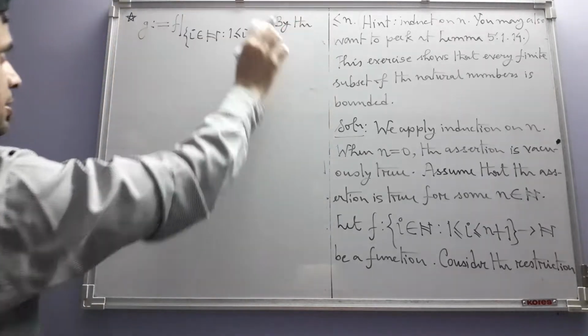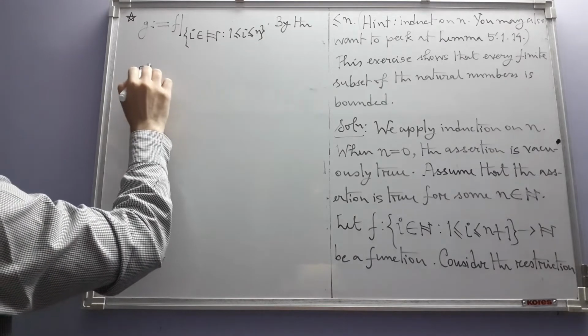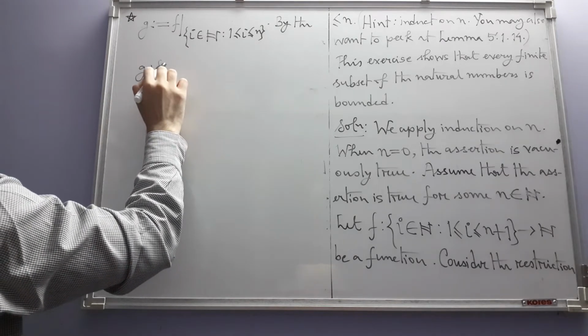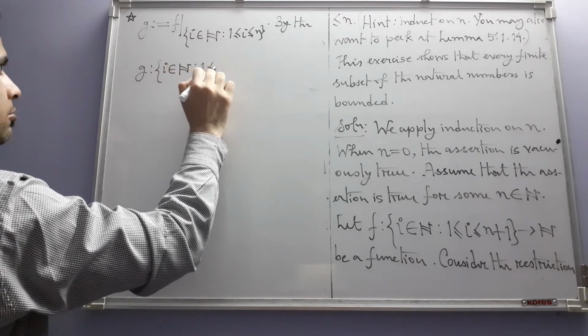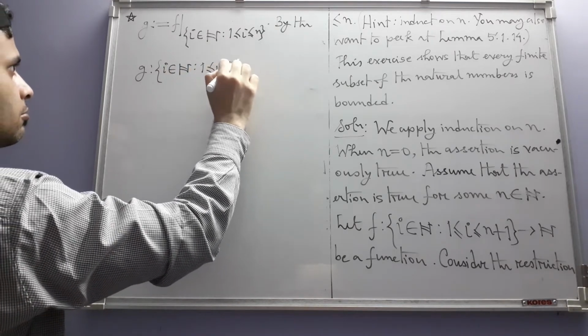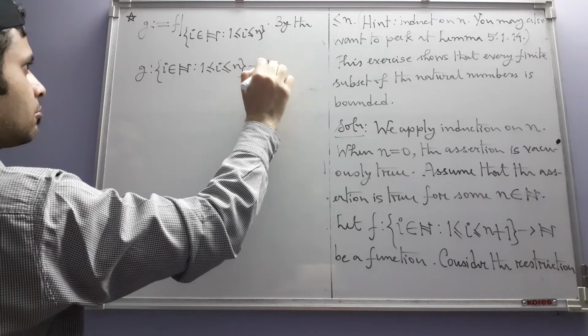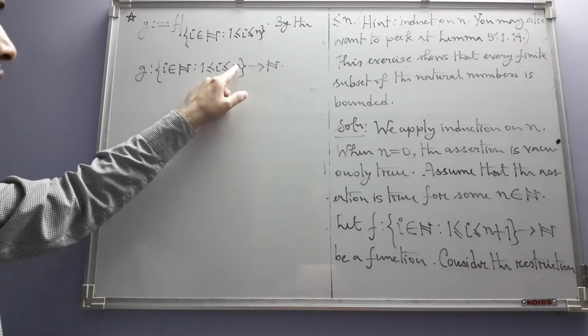Now this restriction is a function that looks like this, where here we have n.